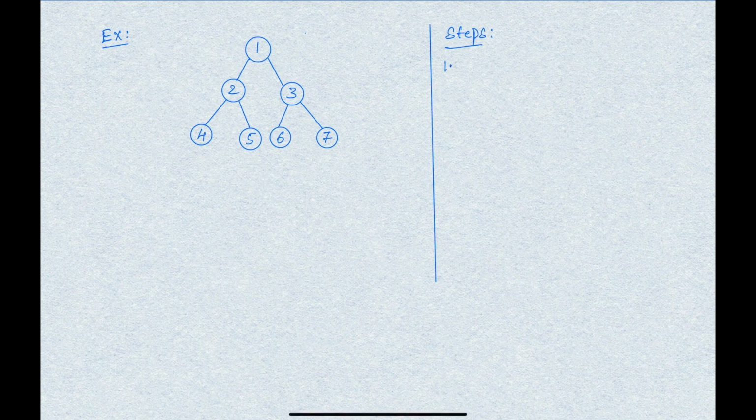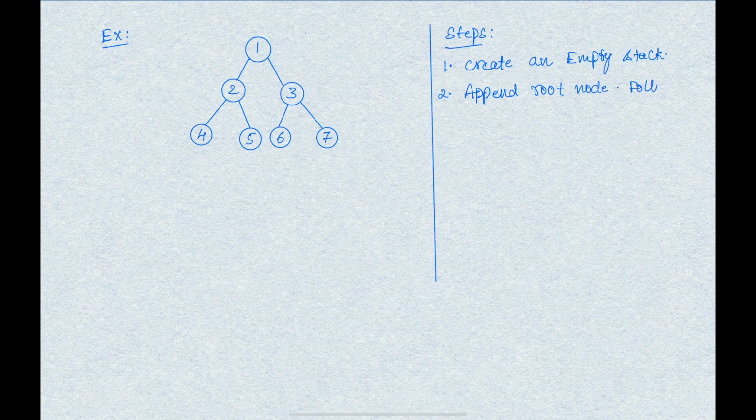First, we are going to create an empty stack. Two, we are going to append the root node to the stack, followed by all the root.left until root.left is none.